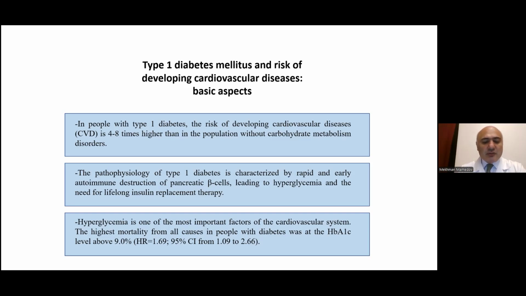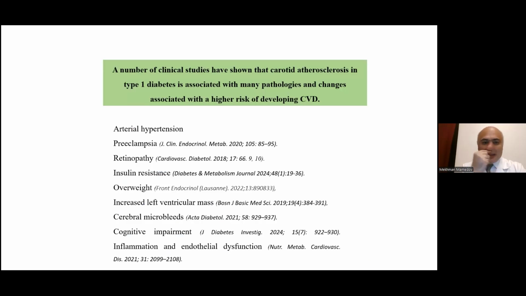The high mortality from all causes in people with diabetes was seen at a glycated hemoglobin level above 9%. A number of clinical studies have shown that carotid atherosclerosis in type 1 diabetes is associated with many pathologies and changes associated with a high risk of cardiovascular disease development.